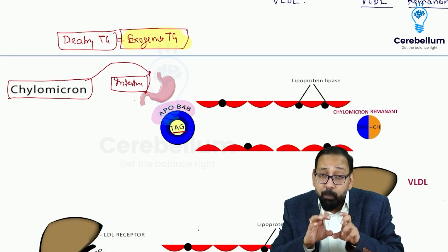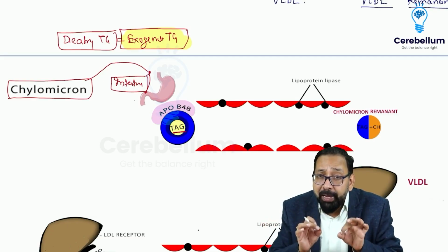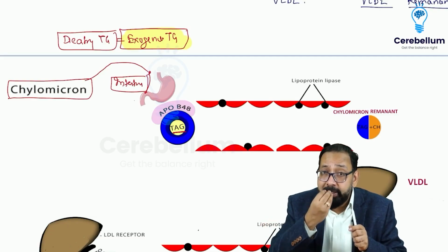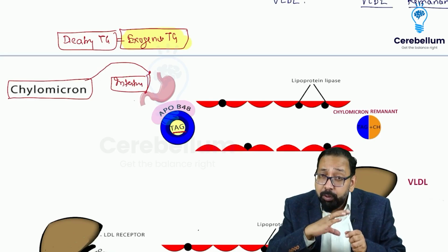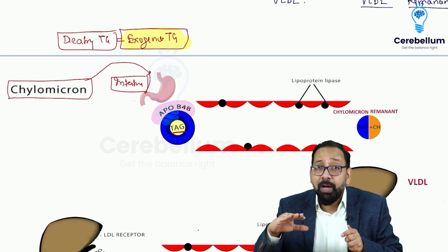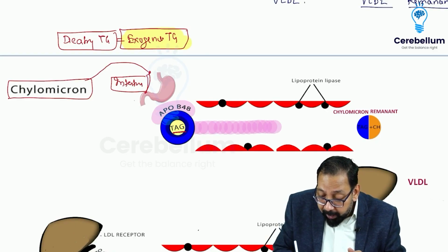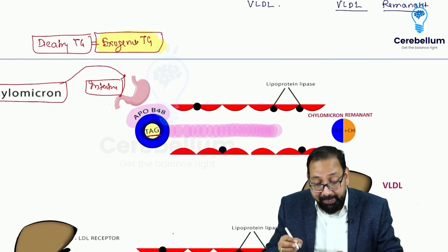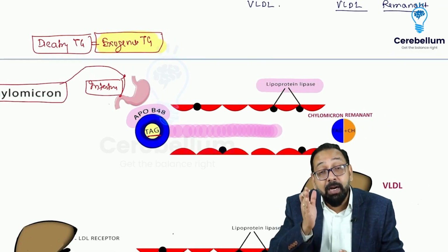Now this chylomicron is thrown into blood. The main purpose of chylomicron is to transport dietary lipid. Whatever triglyceride you ate will be transported via blood in the form of chylomicron. When this chylomicron moves via blood, it is acted upon by the enzyme lipoprotein lipase. Lipase cuts lipid.